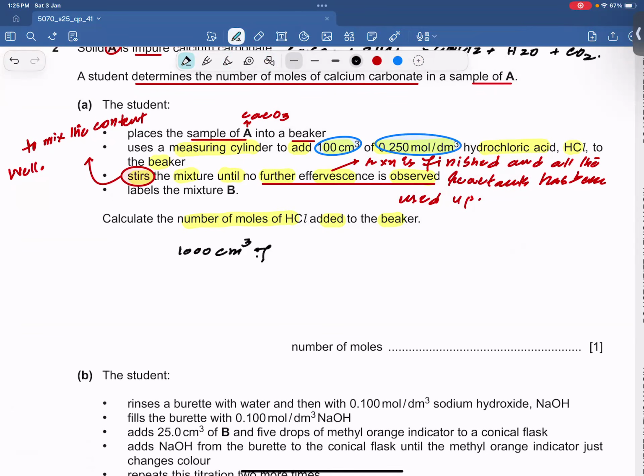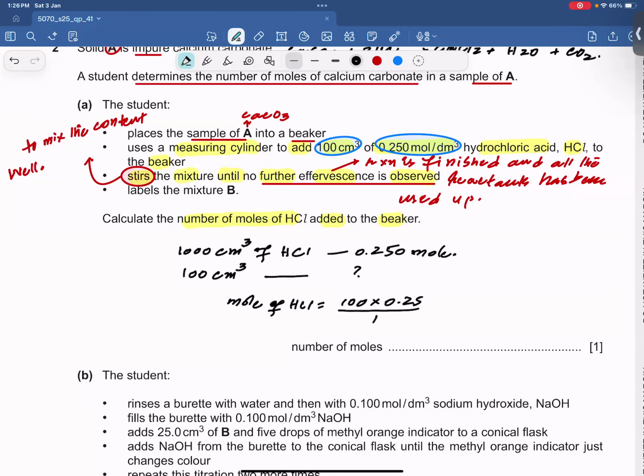So 1000 cm³ of HCl contains 0.250 mole. When we have 100 cm³, the moles would be 100 multiplied by 0.25 divided by 1000.